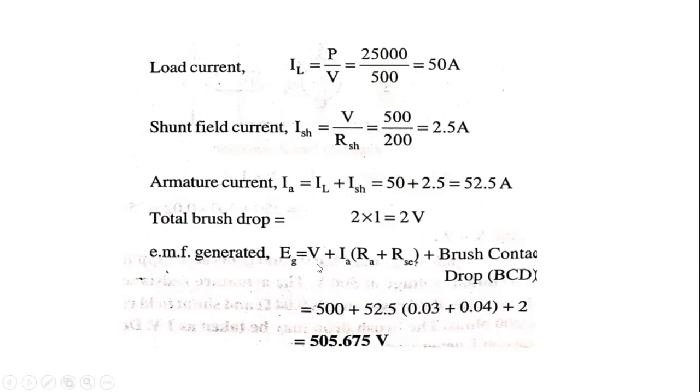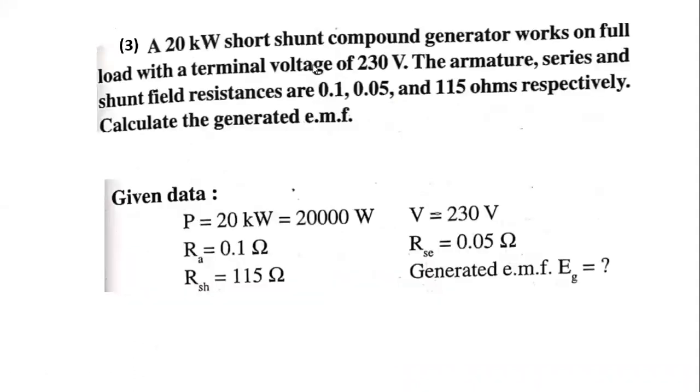Then substitute V equal to 500, IA equal to 52.5, and RA is the armature resistance, RSC is the series resistance, which will be given in the question, and the voltage drop is 2 volts, which is also given in the question. Then we obtain the EG value. This is the generated EMF EG, that is 505.67 volts. Understand? Next, coming to the third problem.